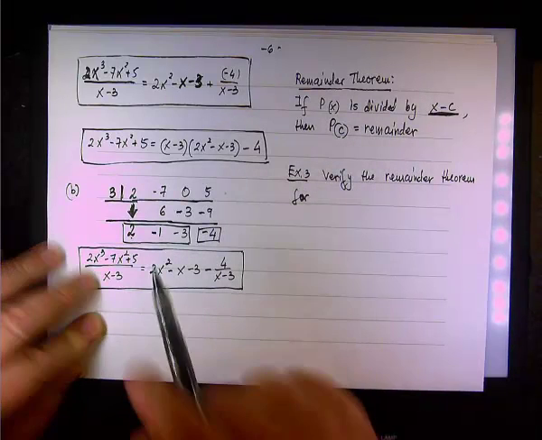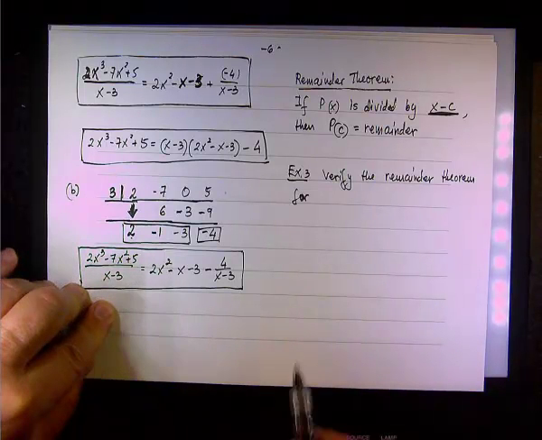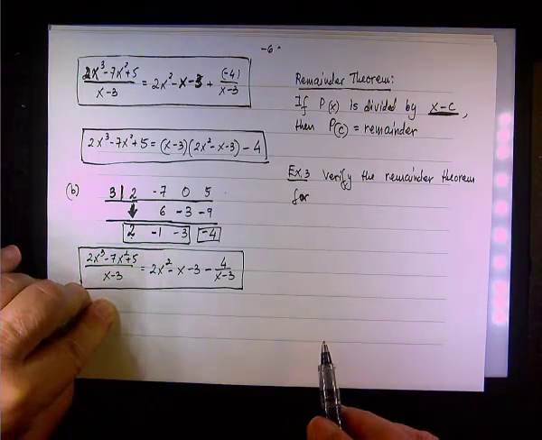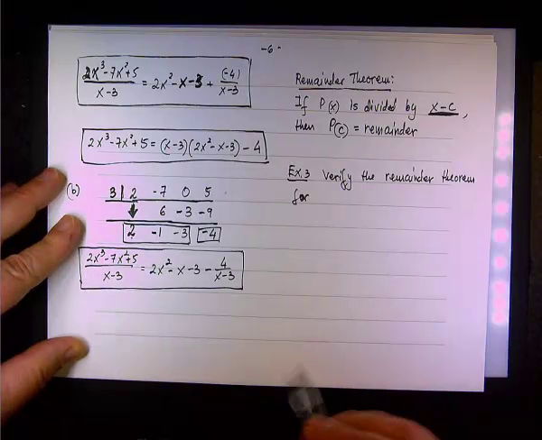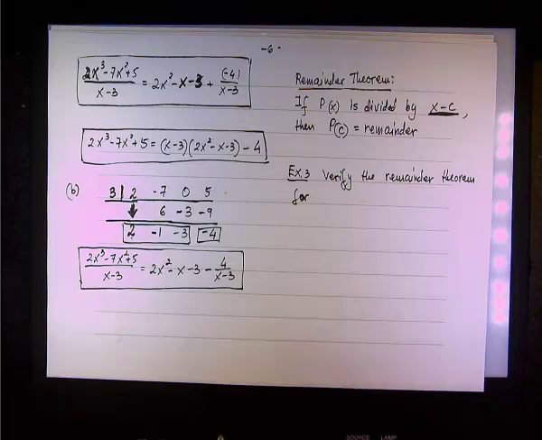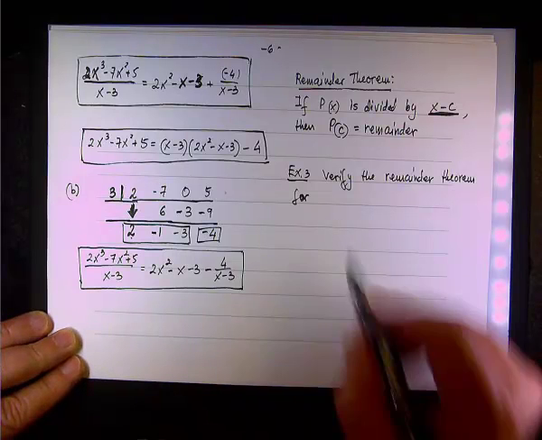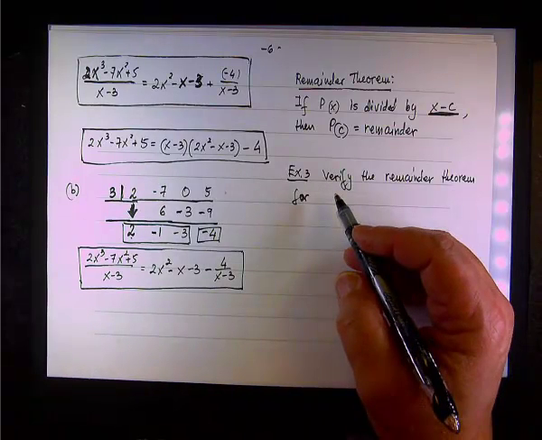The divisor is x minus c, right. You're going to see it in a minute as we do some more examples. But here's the example that we started with. If you remember, this was.